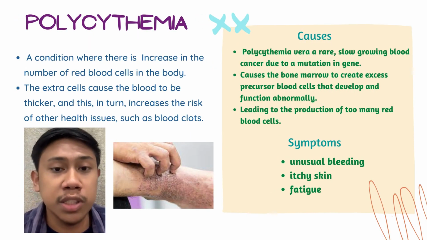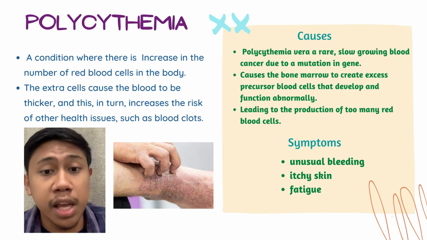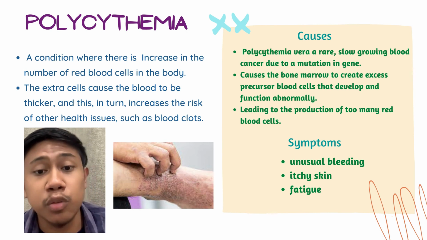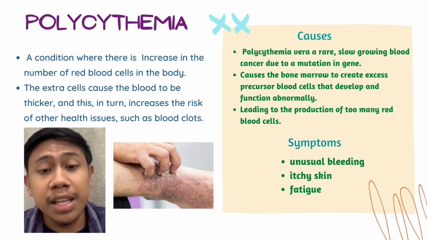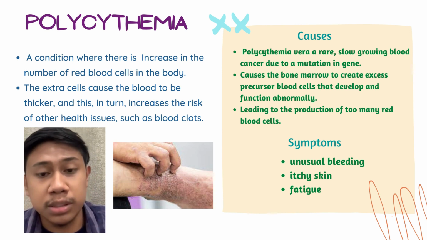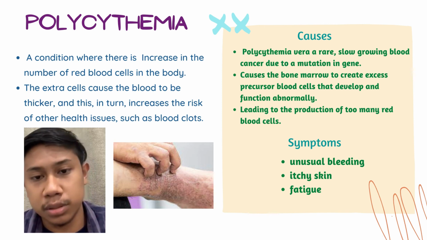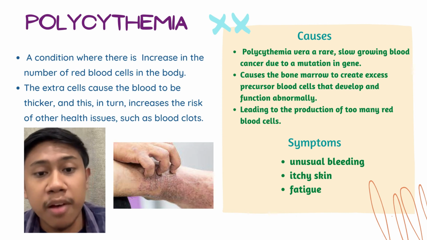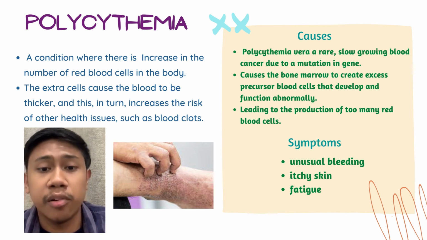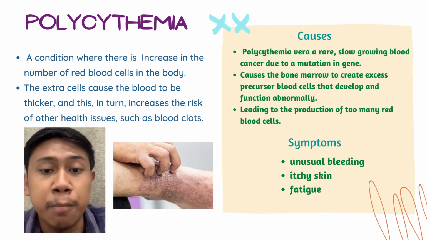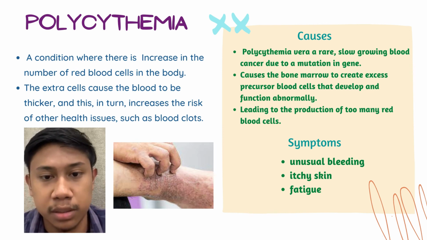Polycythemia is a condition where there is an increase in the number of red blood cells. The extra cells cause the blood to be thicker. In turn, it increases the risk of other health issues such as blood clots. The cause of this is polycythemia vera, which is a rare, slow-growing blood cancer due to a mutation in a gene.